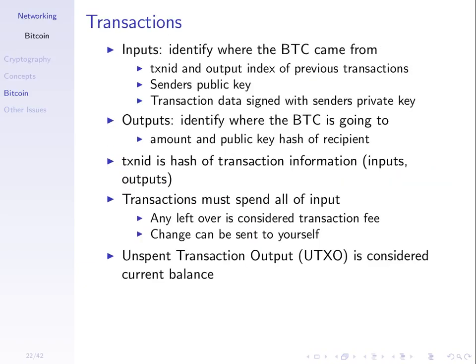So transactions. Addresses are public keys, or based upon public keys. Transactions, similar to our previous simple example, have inputs, outputs, and an amount. In Bitcoin, inputs identify where the Bitcoin comes from.